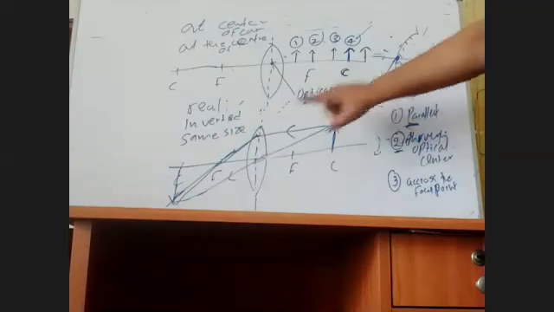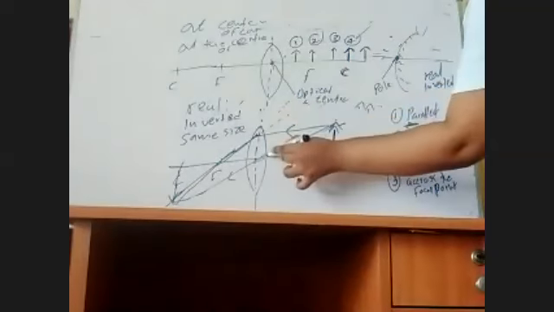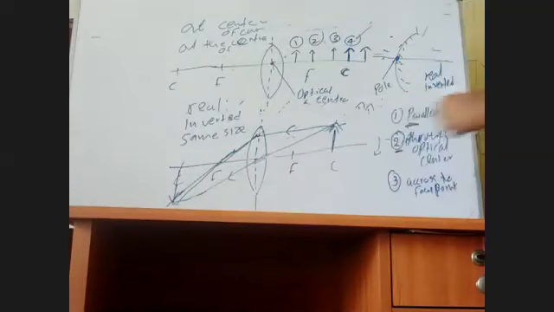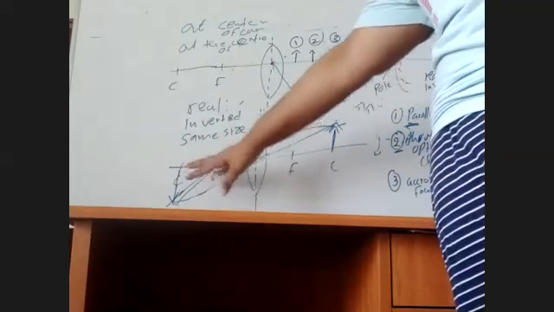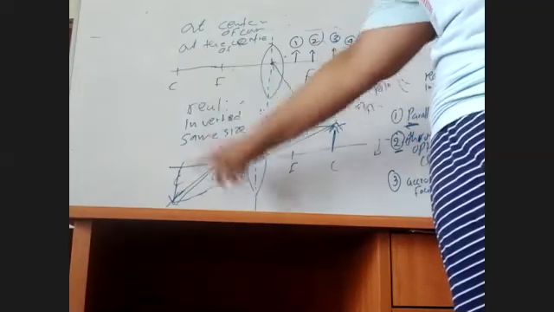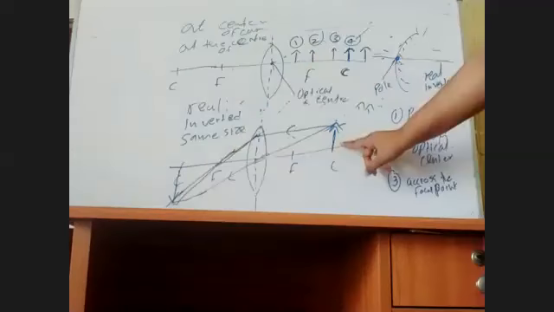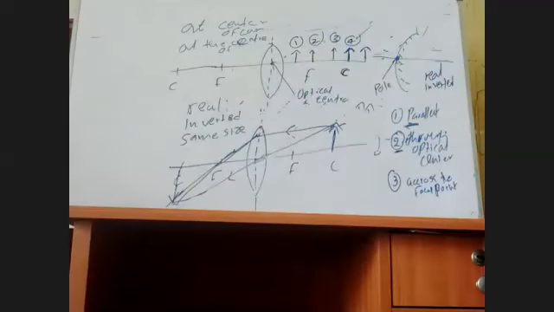Not virtual rays. If the image is formed due to extended rays, that is called a virtual image. But here this is formed due to the real refracted rays. Therefore, this is a real image, inverted and the same size, and it is positioned at the center of curvature. If we keep the object at the center of curvature, the image will form at the center of curvature itself.